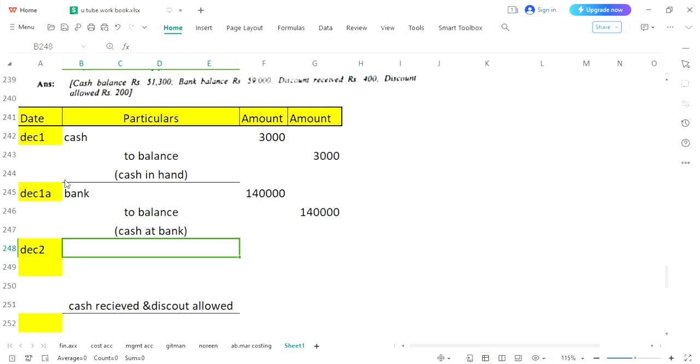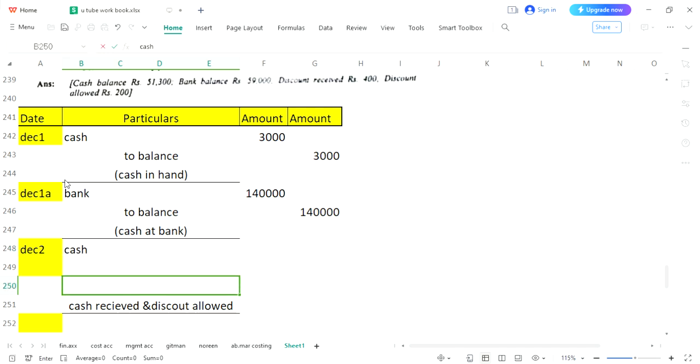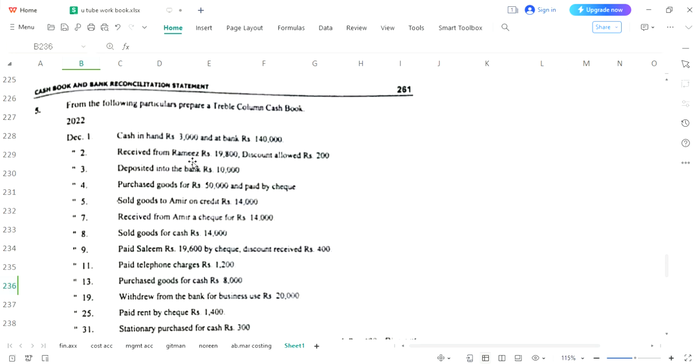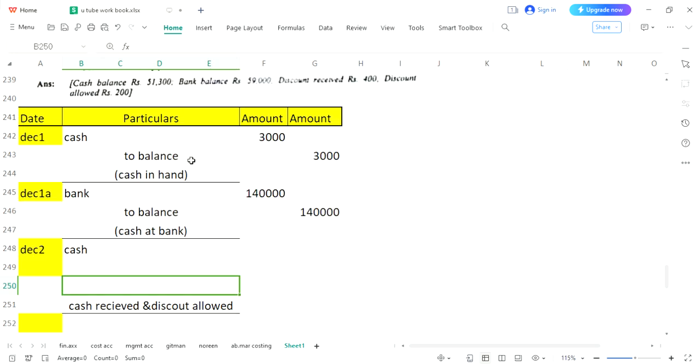Cash, your asset, is increasing, and an increase in asset should be debited, so cash is debited. From whom are you receiving this cash? The person is Ramesh. He was your account receivable, he was your asset. Now the amount has been received, he is no more an asset. A decrease in asset should be credited, so Ramesh is required to be written on the credit side.